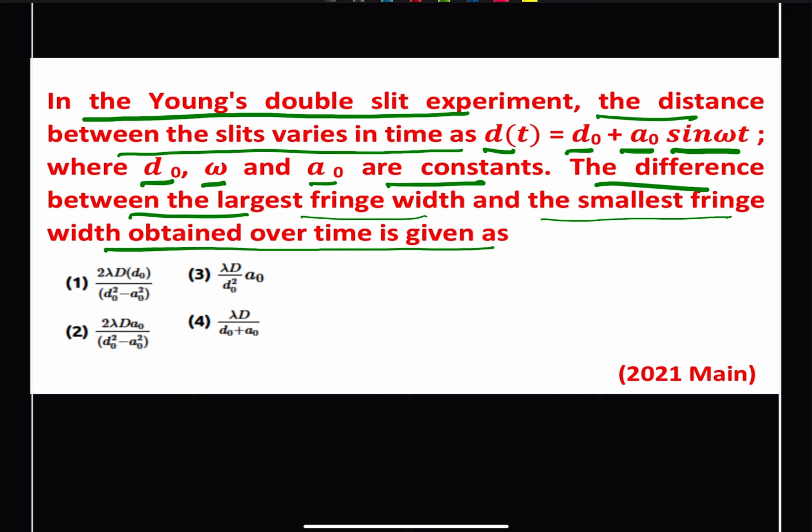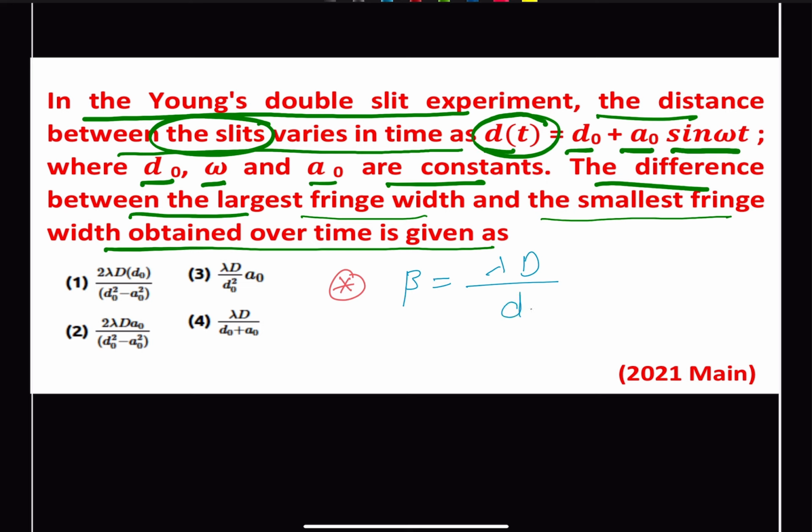So we are given that the distance between the slits varies with this particular equation, and we have to find the largest fringe width and smallest fringe width. And we already know that the fringe width, that is our beta, is given as lambda times capital D divided by small d.